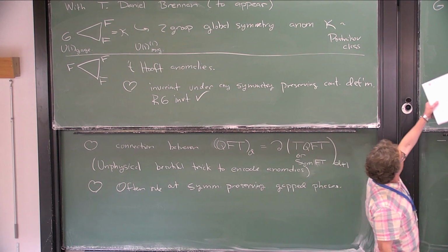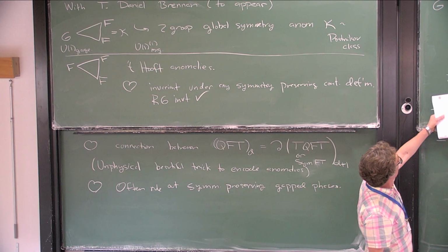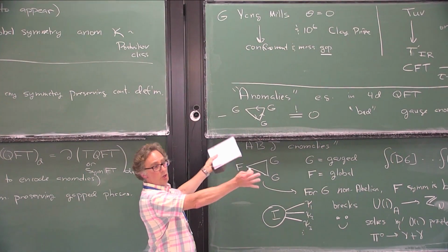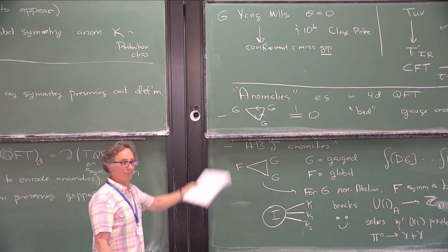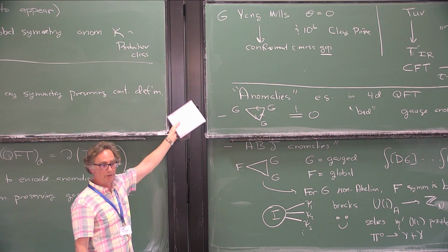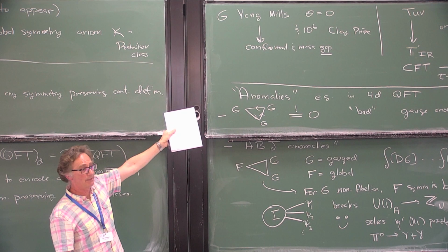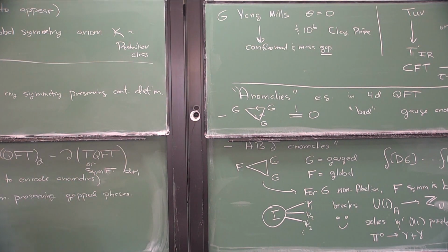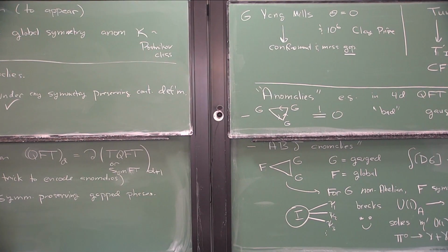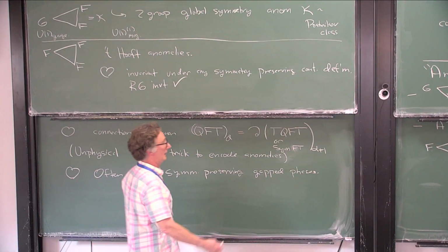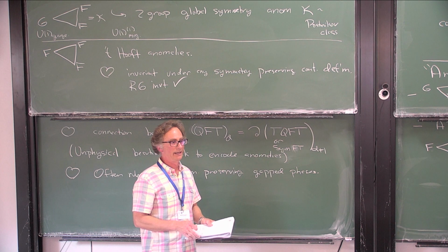Like in this example of Yang-Mills, the infrared theory here, confinement in a mass gap, has no 't Hooft anomalies. And so if the UV theory had 't Hooft anomalies, which it doesn't, that would show that this first scenario is impossible. So often you can rule out symmetry preserving gapped phases, and that tells you that the infrared theory has to flow to something kind of interesting.